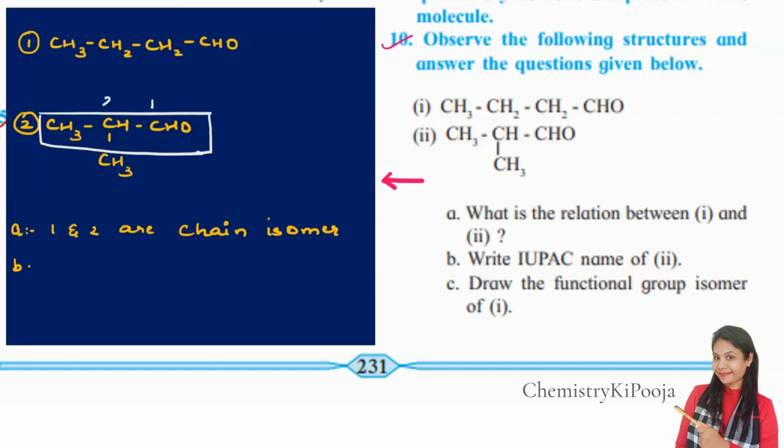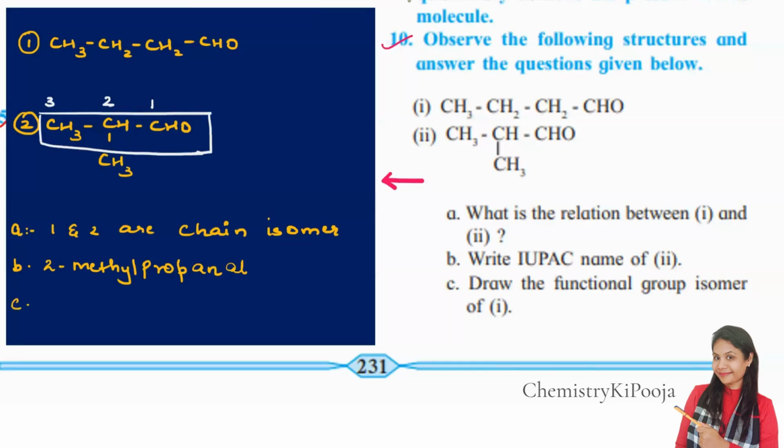So this is 1, 2, and 3. The naming in this case starts with 2-methyl, and then the word root is prop because of 3 carbons, AN because of the carbon-carbon single bond, and AL because of the aldehyde group. The naming is 2-methyl propanal.